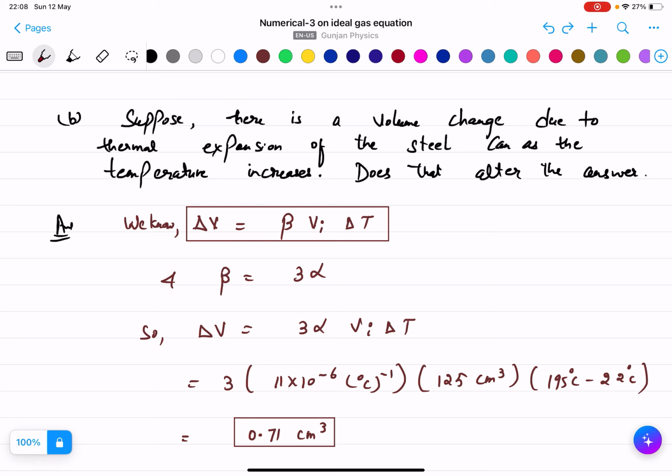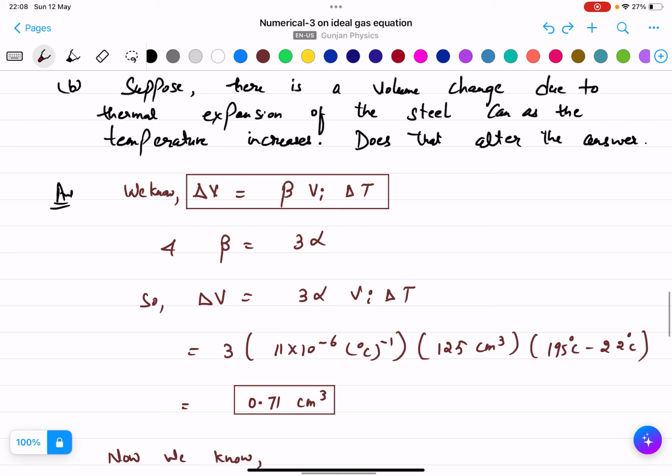So if we are speaking about volume, that means I will speak about the formula of beta, right? So delta V equals beta Vi delta T. We all know this formula, and we know beta equals 3 alpha. So I will just place all the values. Alpha of steel is 11 times 10 to the power minus 6.